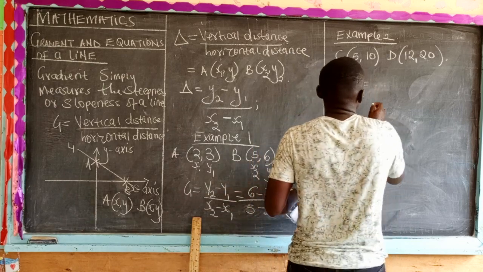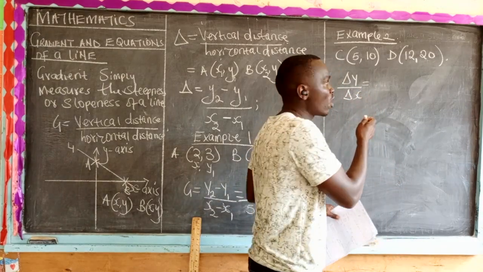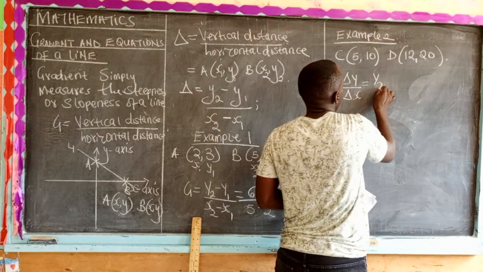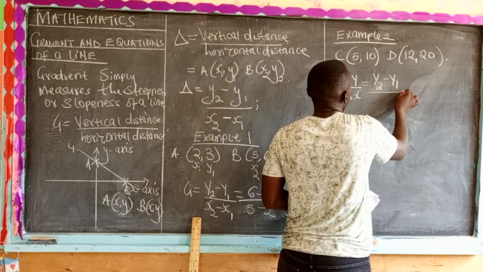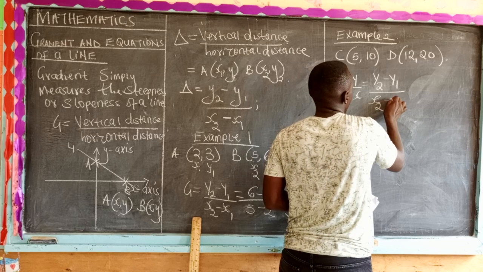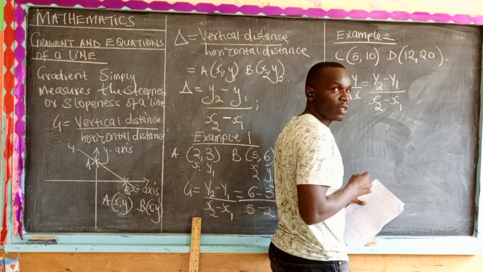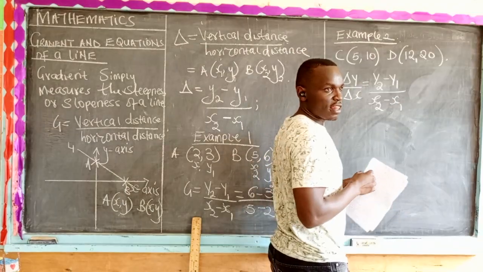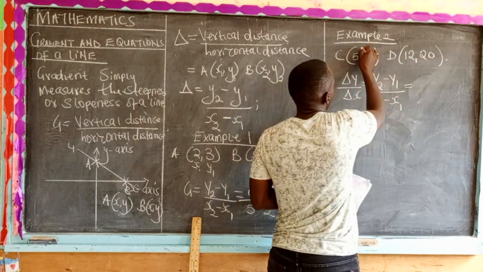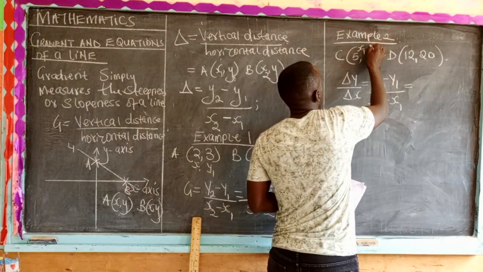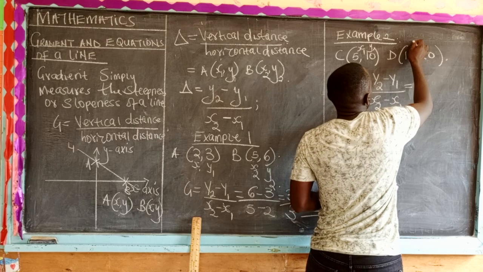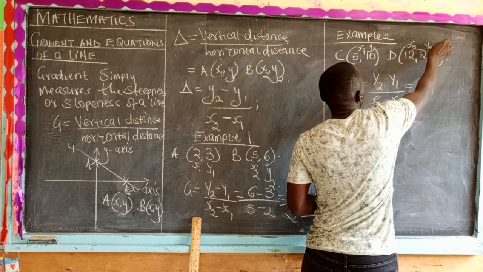We agree that this will be y2 minus y1 all over x2 minus x1. Are you together? Then this one represents x1, y1, and this one represents x2, y2.